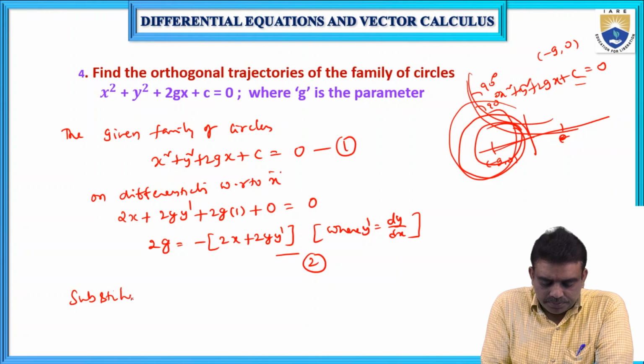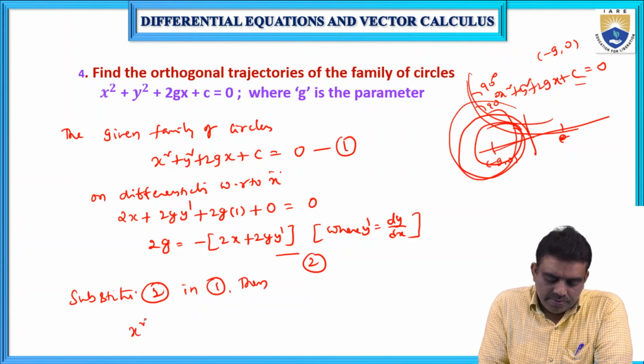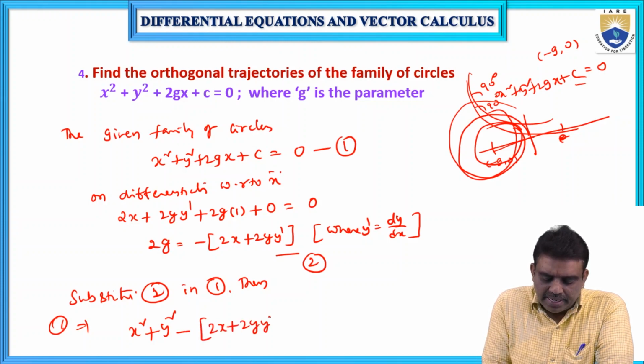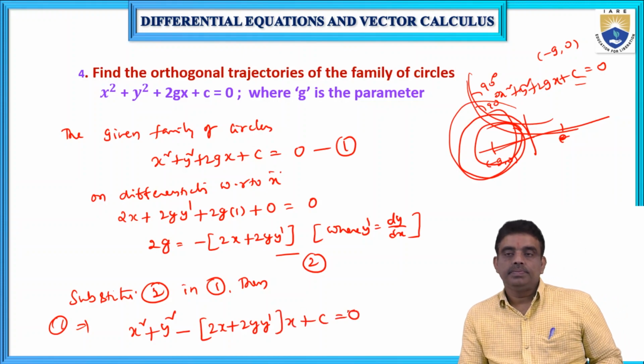Substitute equation 2 in equation 1. Then x square plus y square, with 2g being minus of 2x plus 2y y dash, times x, plus c is equal to 0.